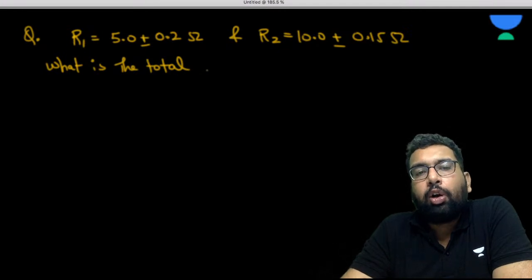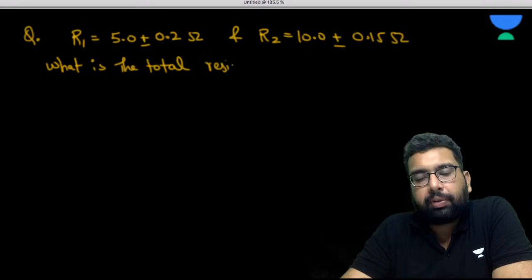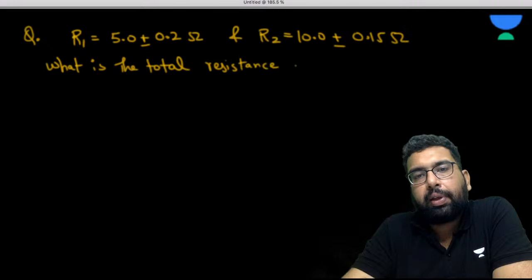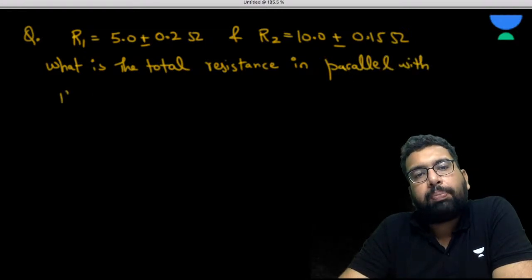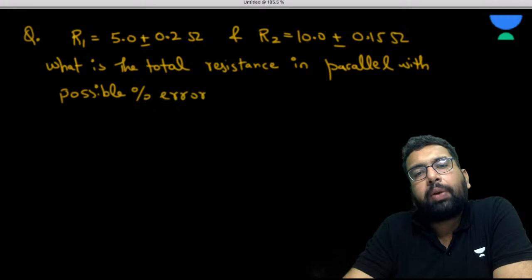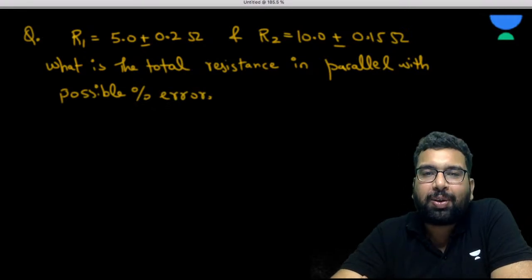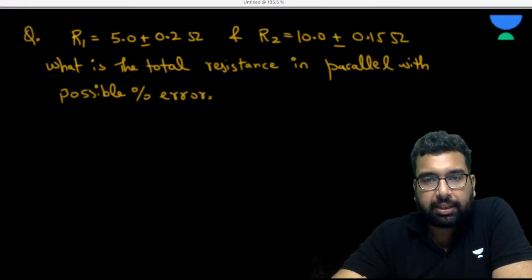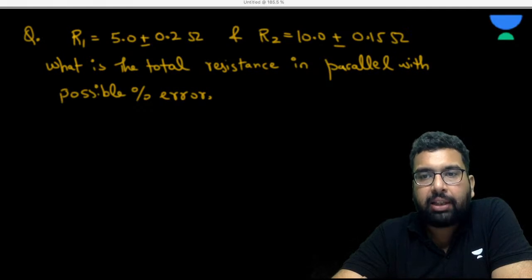Now here, what is the total resistance in parallel with possible percentage error? In this question, there are two resistances, R1 and R2.